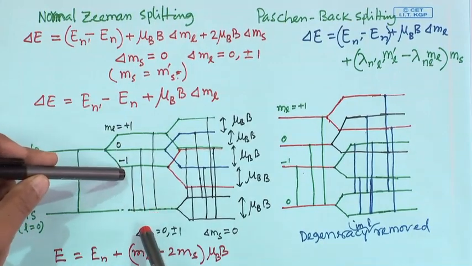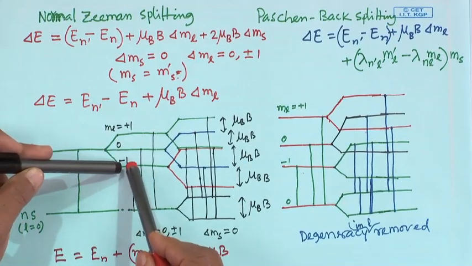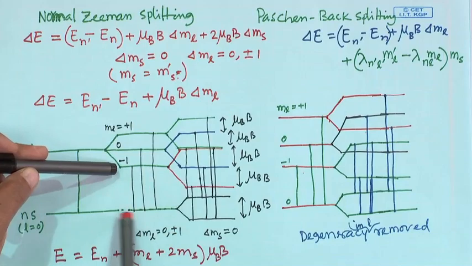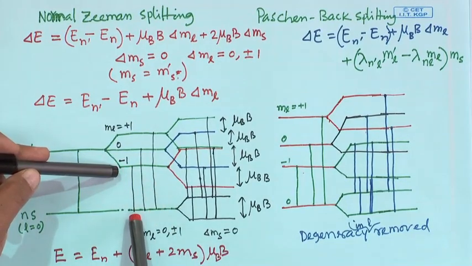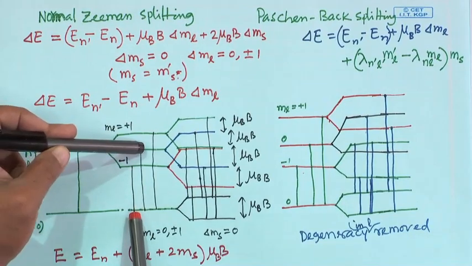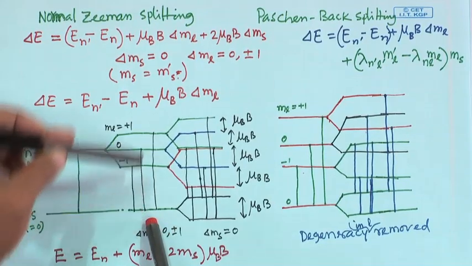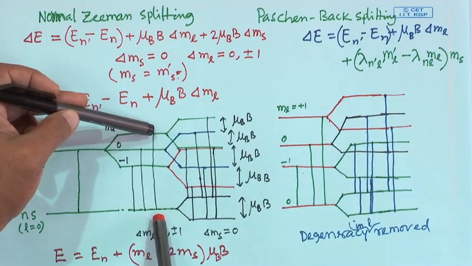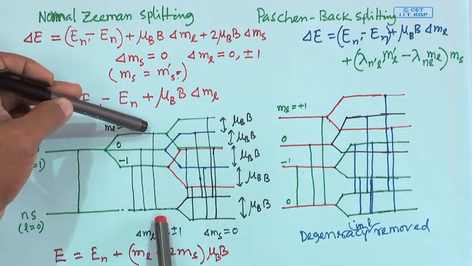So, here I can see this transition from this line to this line is allowed because delta ml in this case, this is 0 and this is minus 1. So, it will be minus 1 or plus 1, whatever. So, this is allowed. From here to here also allowed, del ml will be 0, and from here to here also allowed because this is plus 1 and this is 0, so del ml will be plus or minus 1.